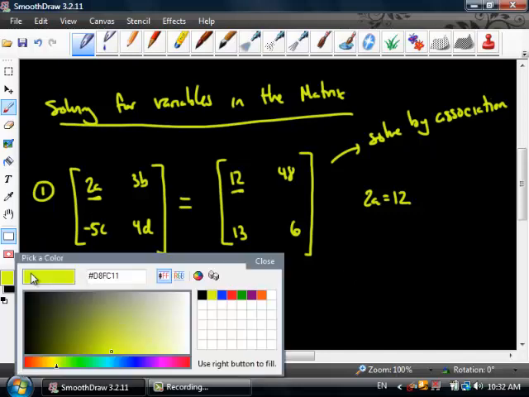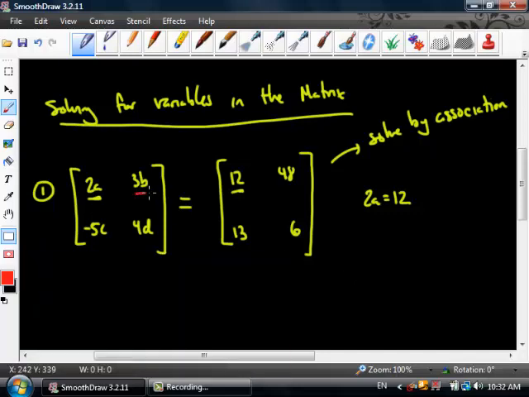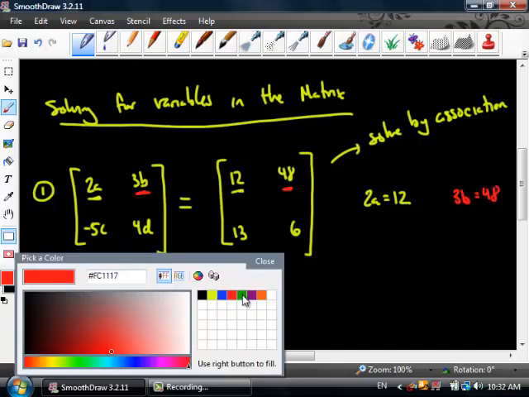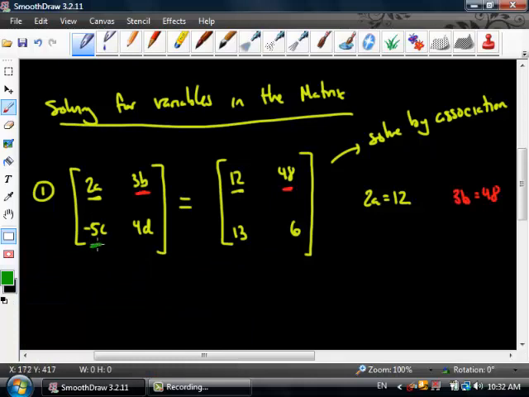Okay? 3b, what is 3b's buddy on the other side? Saida? 48. So would it make sense to say 3b equals 48? Yeah. Negative 5c, what is its buddy? Jack? Negative 5c is going to equal 13. Good. And then the last one, 4d, is buddies with 6.